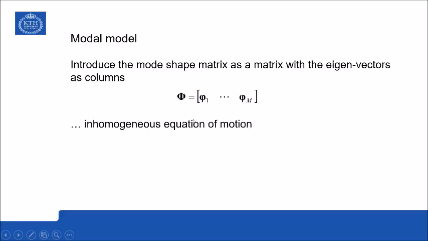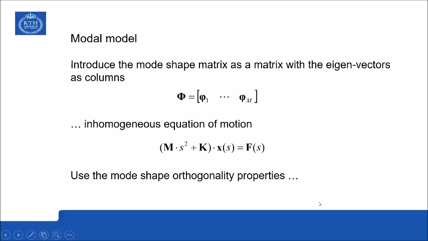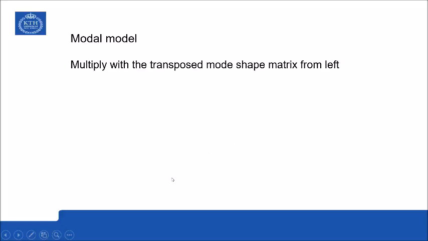So if we return now to our inhomogeneous system of equations, if we want to make use of this mode shape matrix and its orthogonality properties, we can multiply from the left.